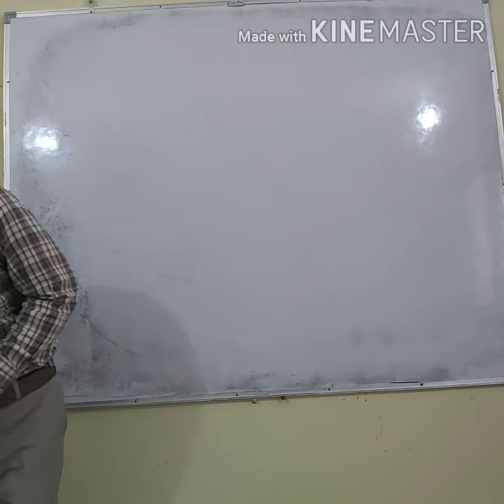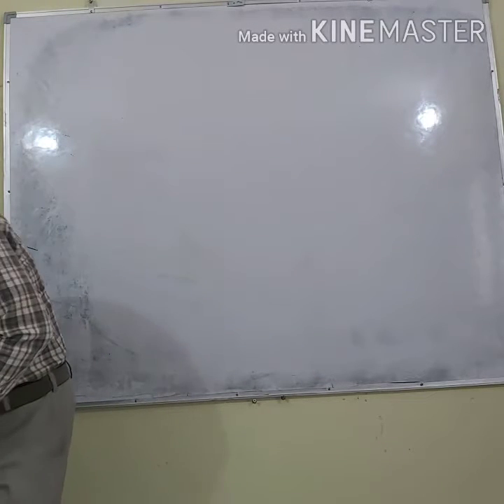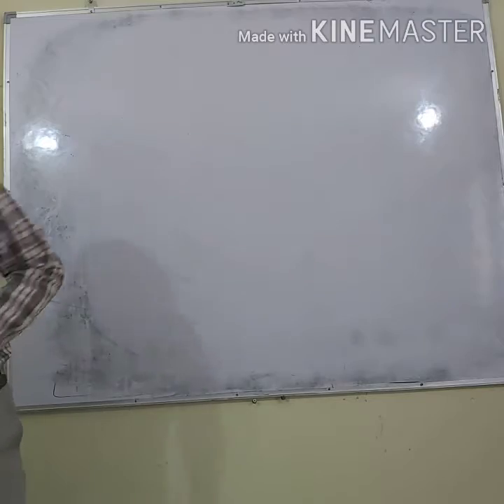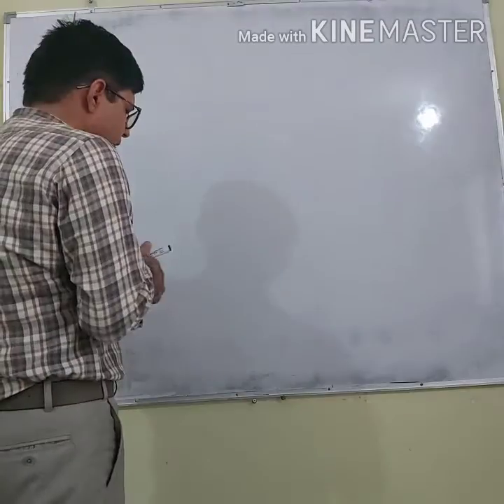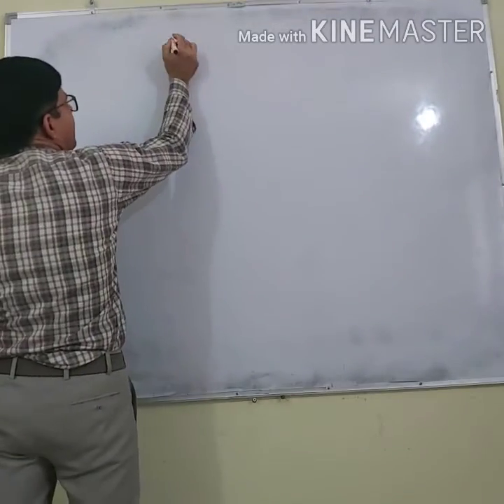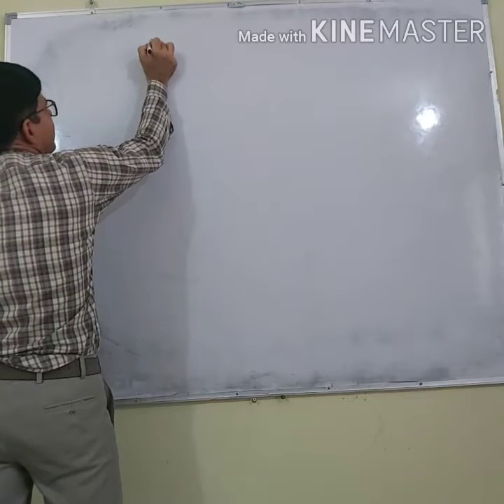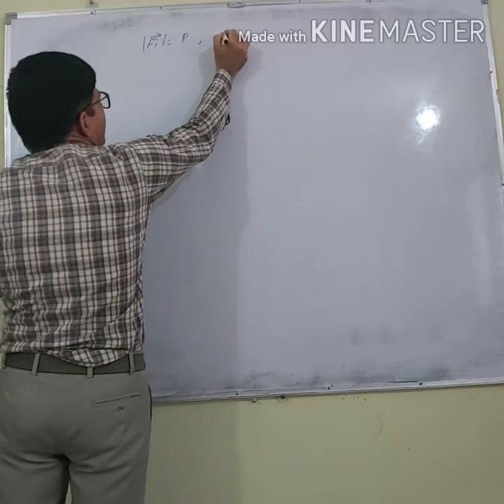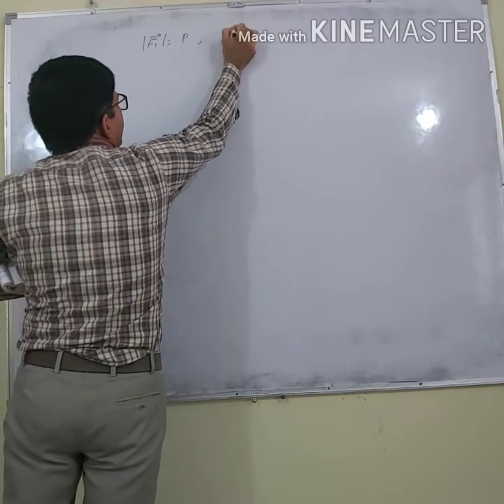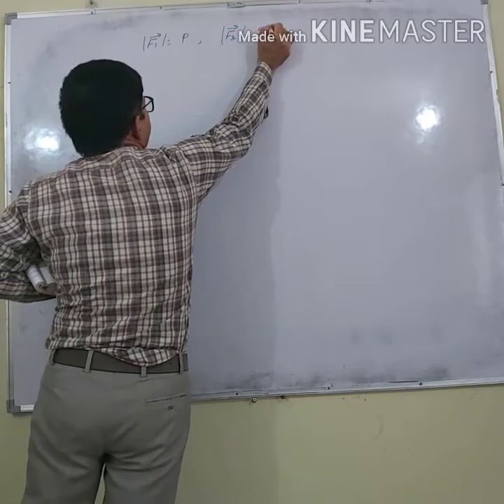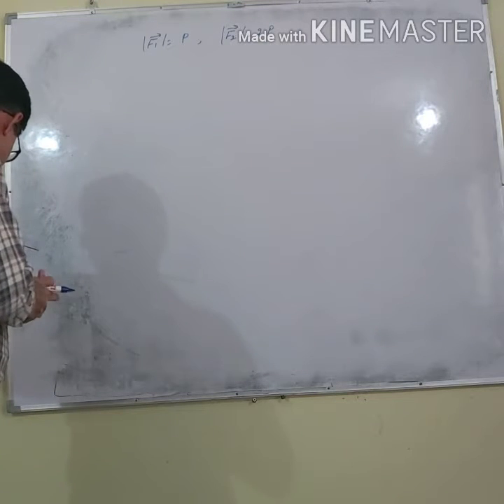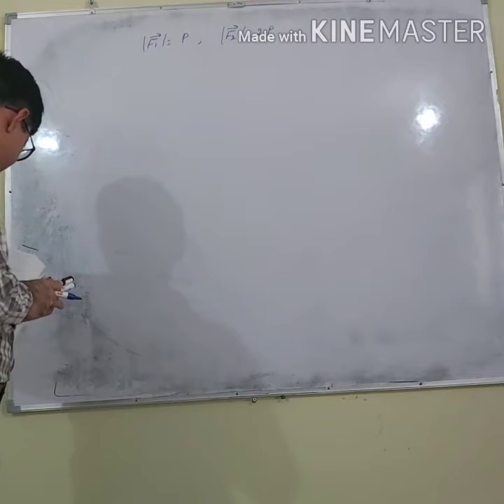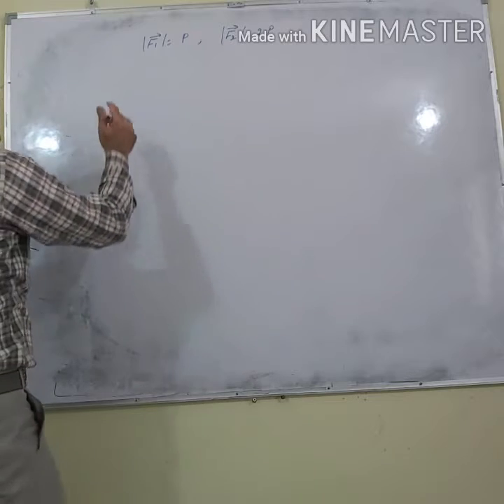Next is, two forces equal to P and 2P Newton. What am I given? I am given that there are two forces. Let us say one force is F1, its magnitude is P. Another force is F2, its magnitude is 2P. Alright? They act on a particle.